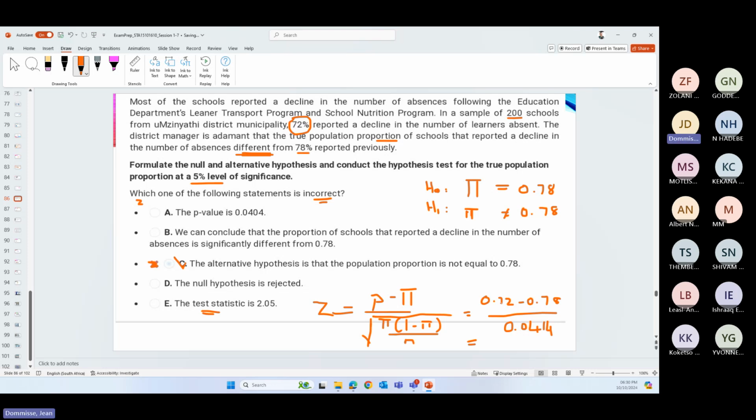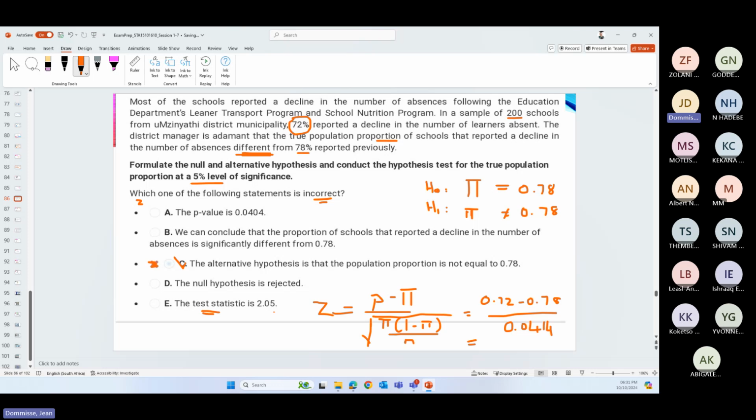Okay, so let me just check this again, because I get that this is wrong. 0.72 minus 0.78 is minus 0.06. And if I divide that by 0.0414, I get minus 1.45. So please just check if that is correct, because that means that is the incorrect one.